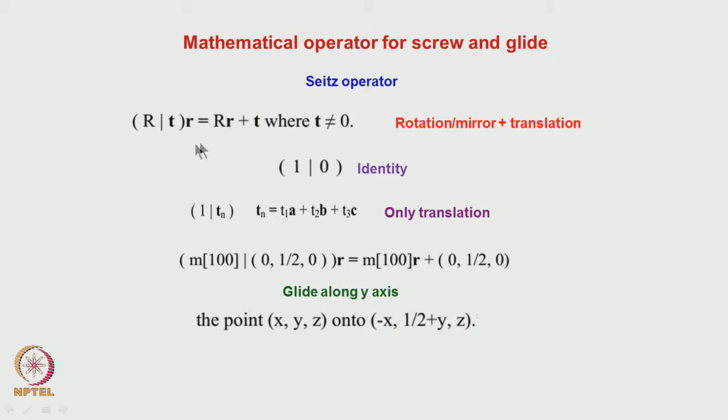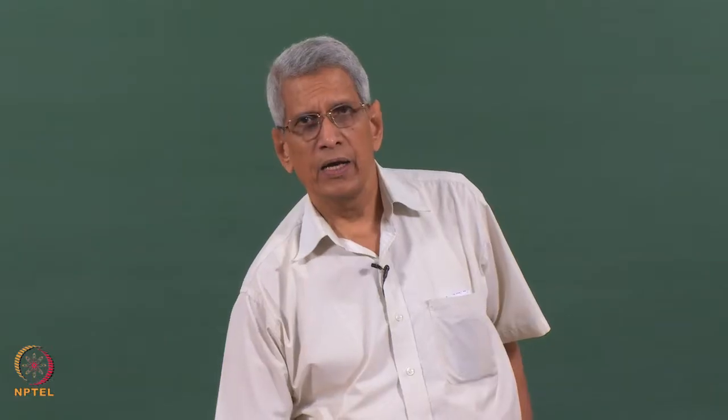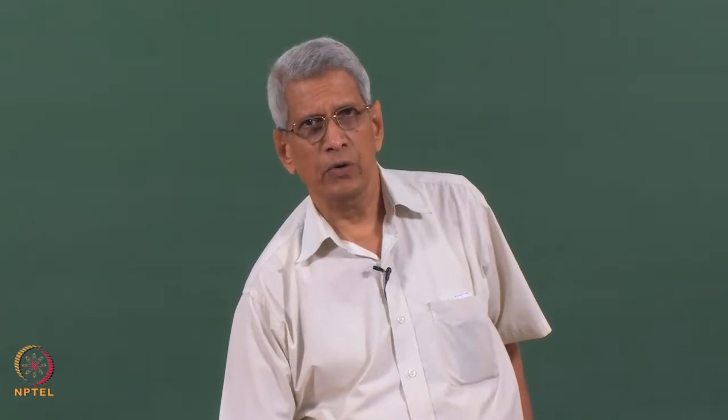This itself can be written as R into r plus t, where t is not equal to 0. These are what we mean by rotation or mirror or translation. Suppose we consider an identity operation, that is 360 degree rotation around a point.